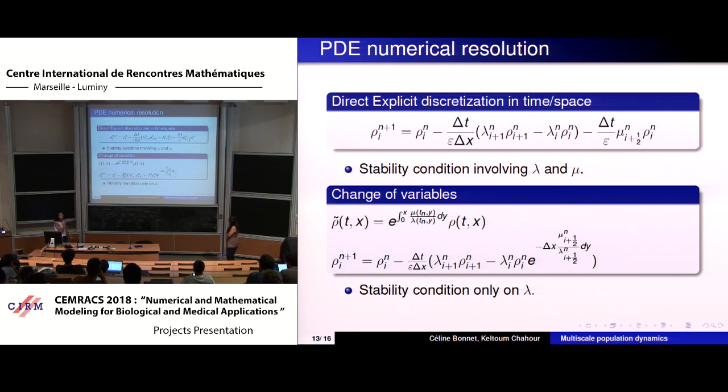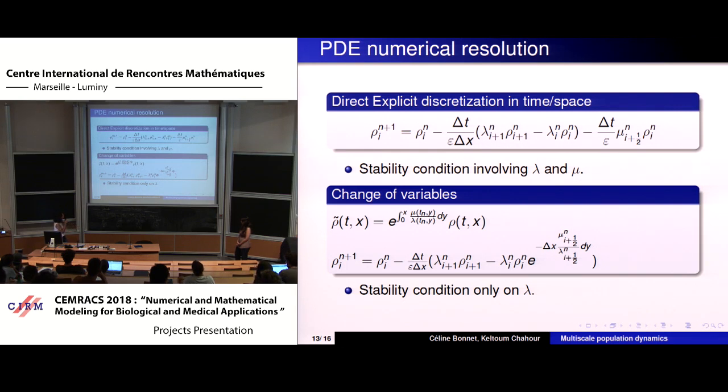We can proceed differently to solve this kind of PDE by making a change of variables. Here we consider the new variable rho tilde, which is rho multiplied by an exponential. Then from the PDE presented in slide 8, we go back to a PDE without any right-hand side that is simpler to solve numerically.